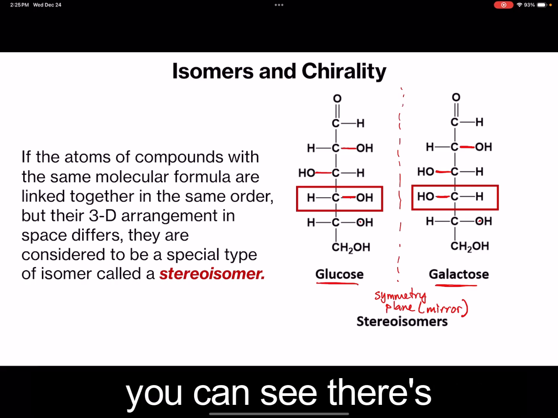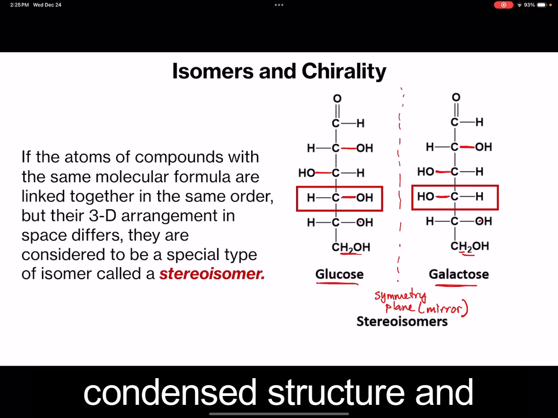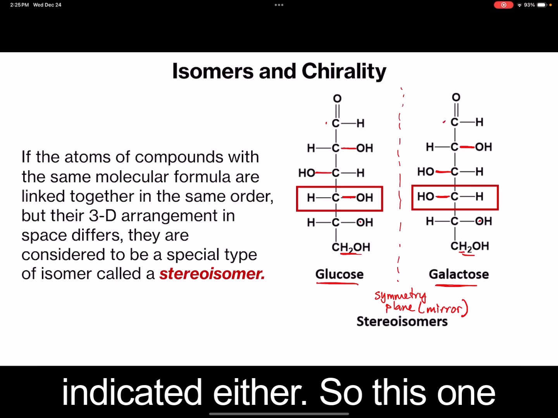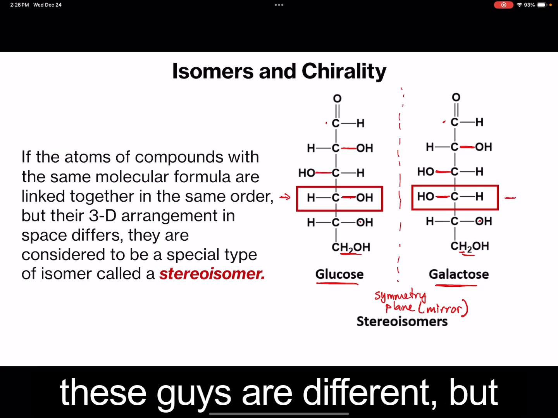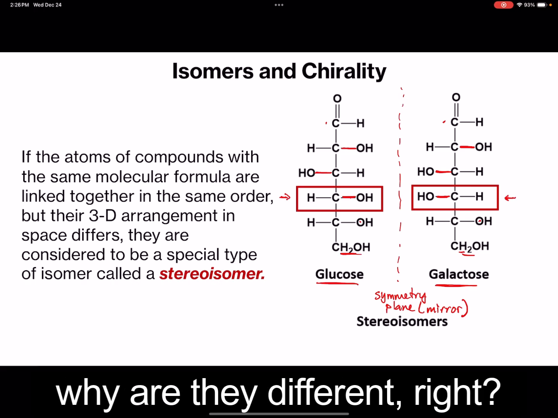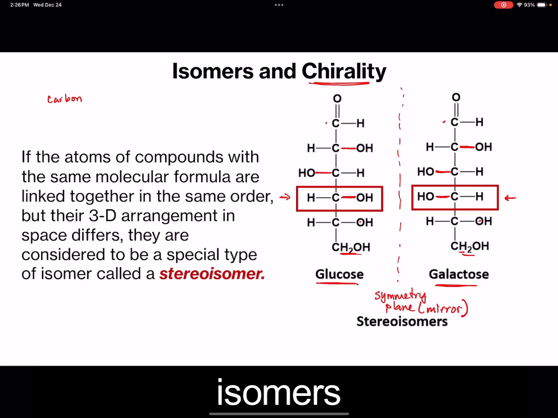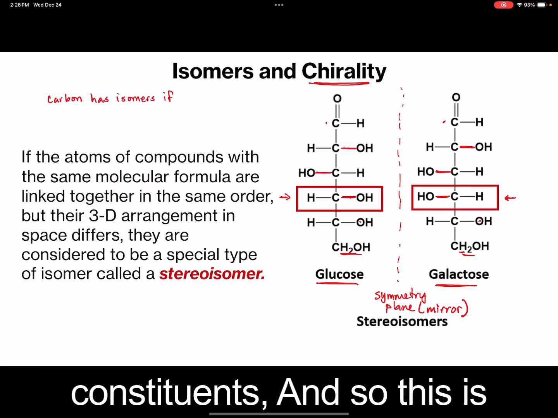And then you can see there's abbreviation down here, and we're showing a partially condensed structure. This one is not really indicated either. So this one is the stereocenter, and these guys are different. But why are they different? This gets to this concept of chirality. Carbon will show isomers if it's bound to 4 different constituents.